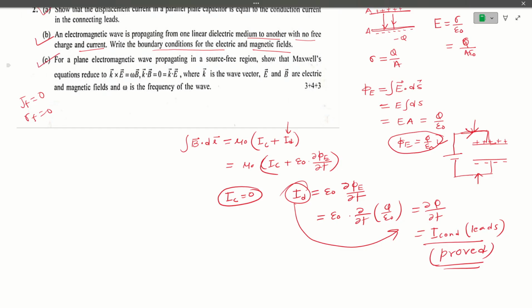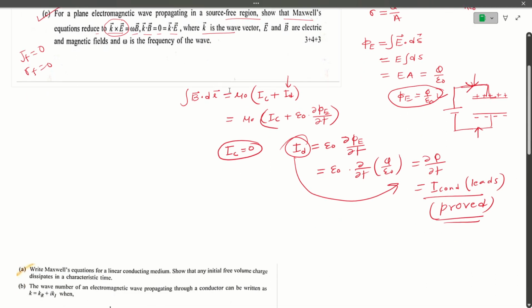For a plane electromagnetic wave propagating in a source free region, Maxwell's equations reduce to k cross E equals omega B, k dot B is 0, k dot E is 0, where k is the wave vector, E and B are the electric and magnetic fields respectively, and omega is the frequency of the wave. A very easy question.